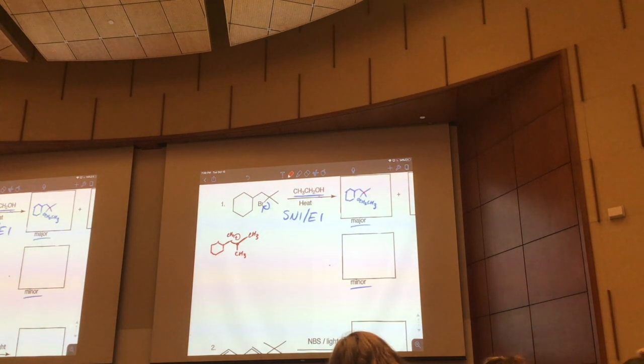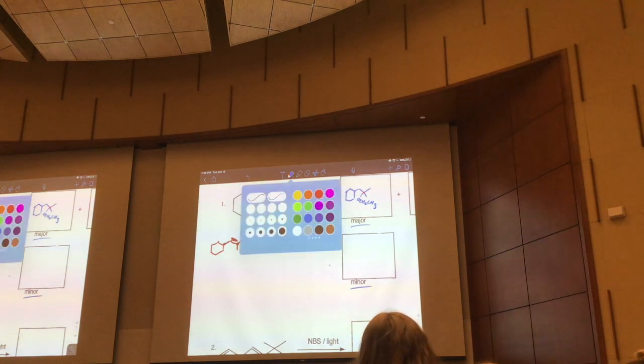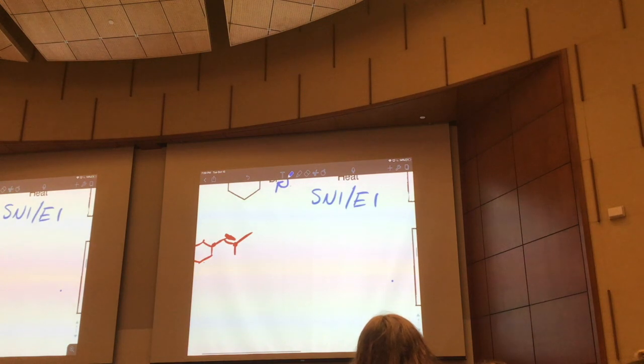No, they're different. If you took a proton from the CH2, you would generate your double bond right here, where you took your proton from. Is that more or less substituted than our alternative? It's more substituted. We have 3 substituents on that double bond. What I mean by substituents, you look at your double bond and then you look at how many things are connected to it that aren't hydrogen.